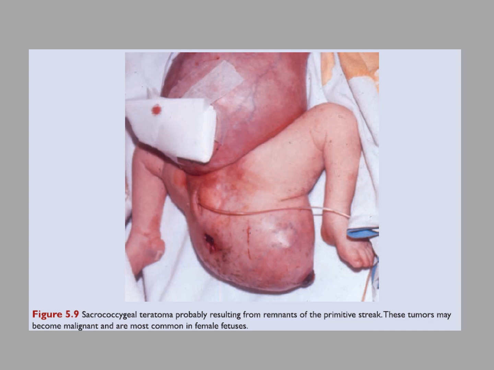If you open up this teratoma, you will find that it could consist of mesodermal structures, for example, teeth sometimes, hair, and other structures, because it originates from pluripotent cells. This is actually the most common tumor in newborns, about 1 out of 37,000 newborns. The tumor would be because of the failure of the primitive streak to regress.